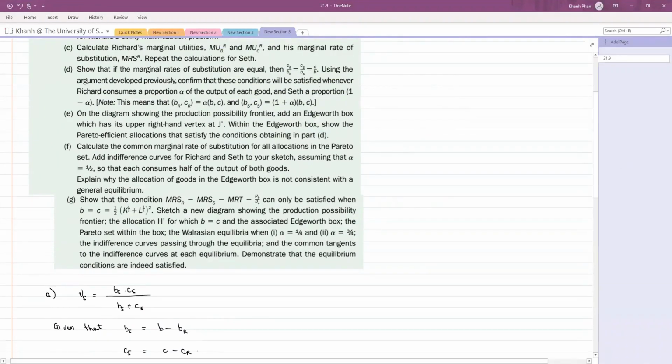Now, using the argument previously, confirm that these conditions will be satisfied whenever Recharge consumes a proportion alpha of the output of each good and Seth consumes a proportion 1 minus alpha.